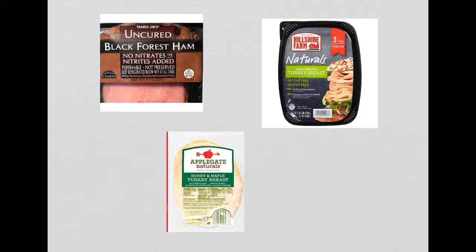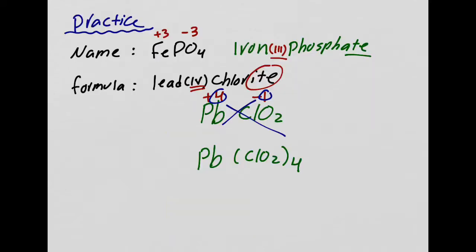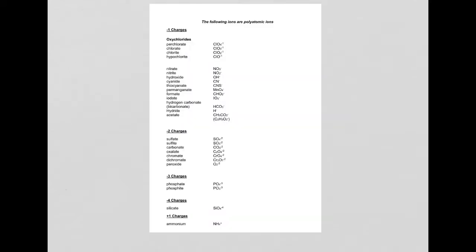First of all, what's really cool is that you know what a nitrate is. And you know what a nitrite is, right? They're polyatomic ions. So you're way ahead of the rest of the country because you know what these things are. Nitrate and nitrite. NO3 minus 1, NO2 minus 1.